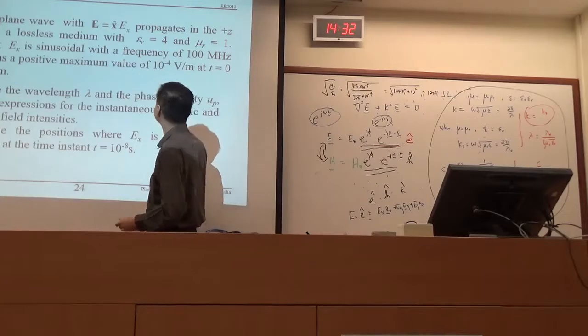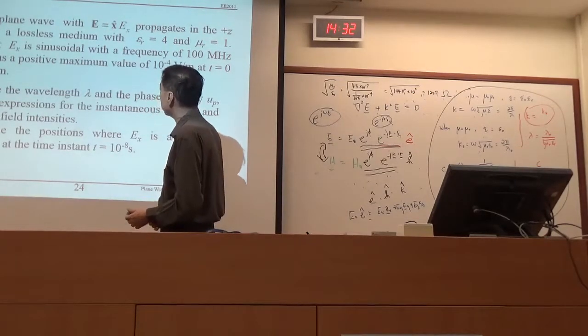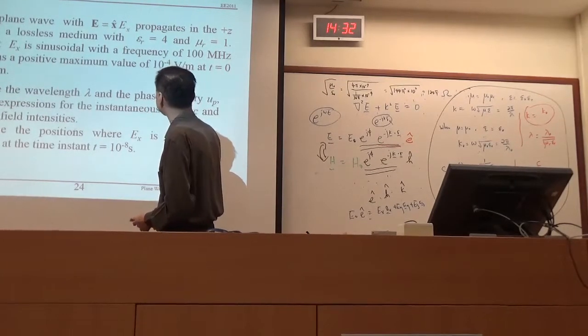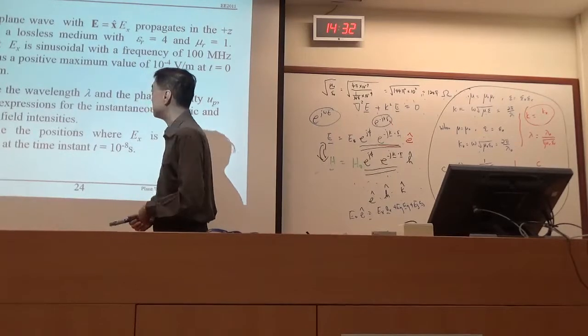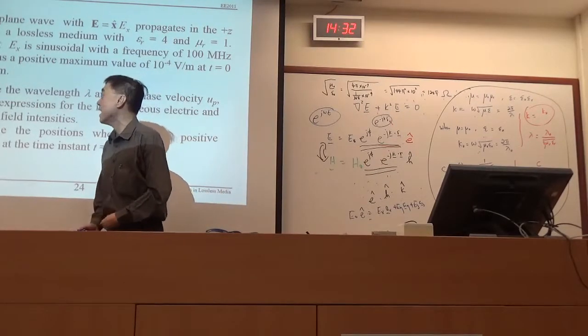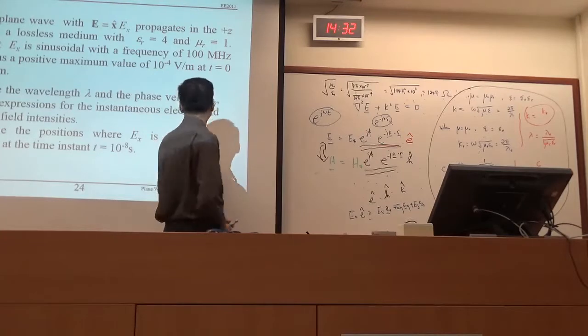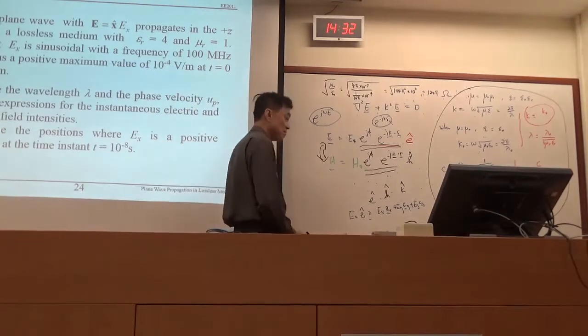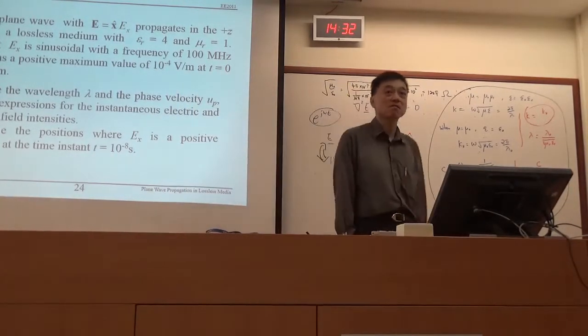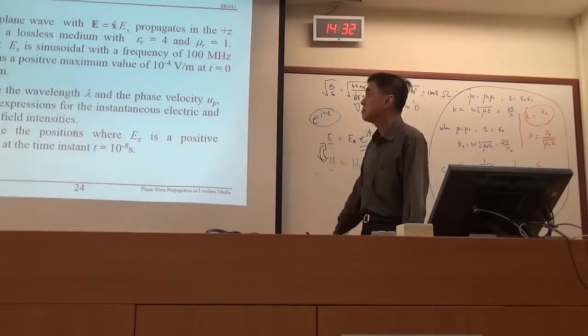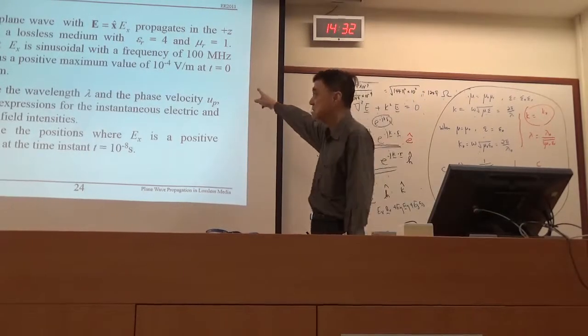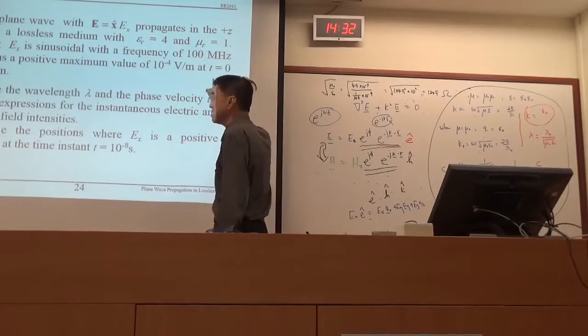And it has a positive maximum value of 10 to the power minus 4 volt per meter at t equal to 0 and z equal to 1/8 per meter. Now, t equal to 0 coming in.